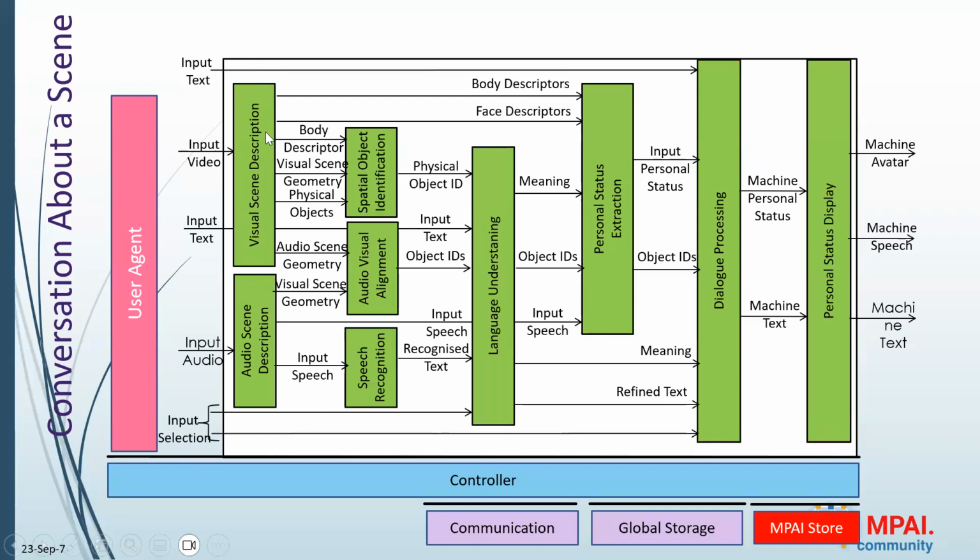You will see the visual scene description, which is the front end, the audio scene description, which is another front end, and here you have visual objects. You have audio objects here. How do you connect them? So we need something, and we will see in the proposal what could be the inside of this model.